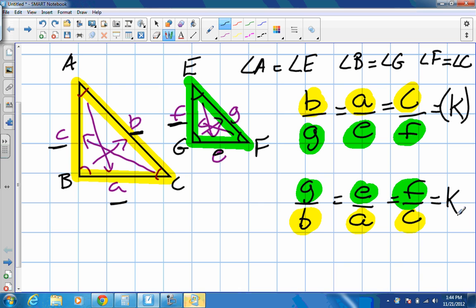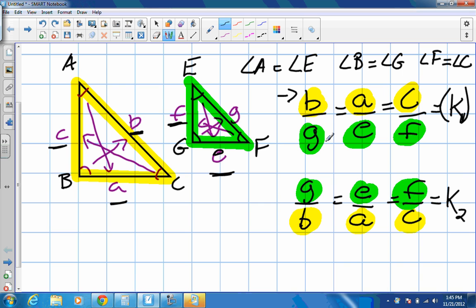This scale factor gives us some value. And we can multiply any side on the smaller triangle or bigger one to get to the smaller or bigger one. I understand that's a little confusing. When we put the larger triangle on top, we're going to get a scale factor. In this case, I'm going to call it K1. And this one K2.